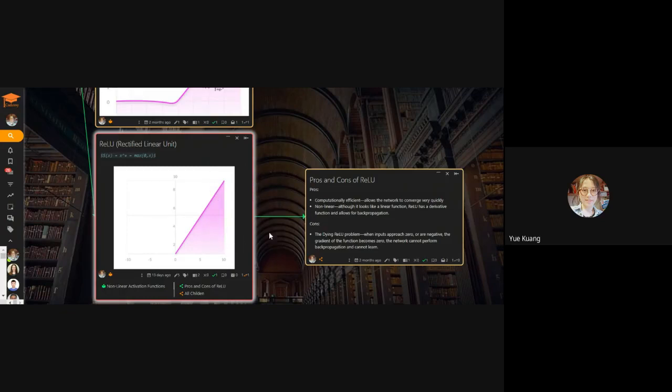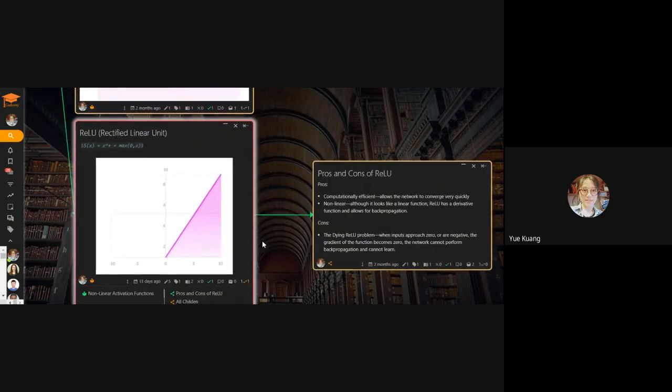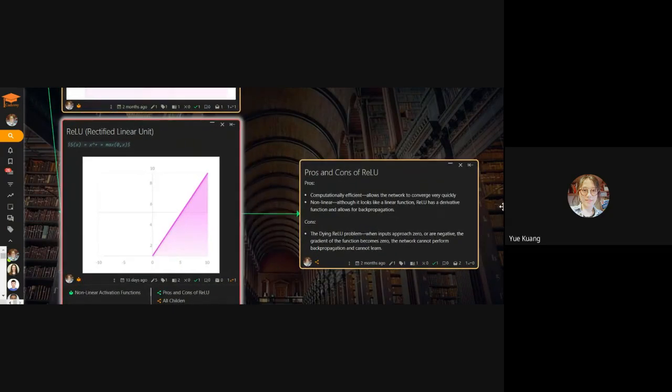Okay. So as you can see here, the pros of ReLU are that it is computationally efficient and allows the network to converge very quickly, and it is nonlinear.